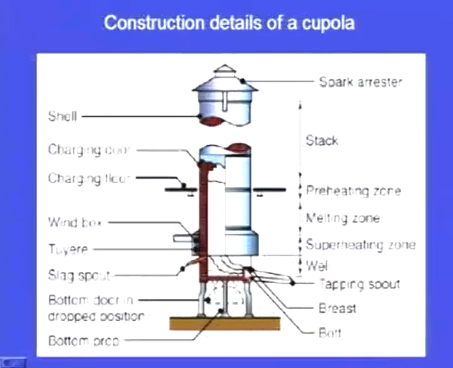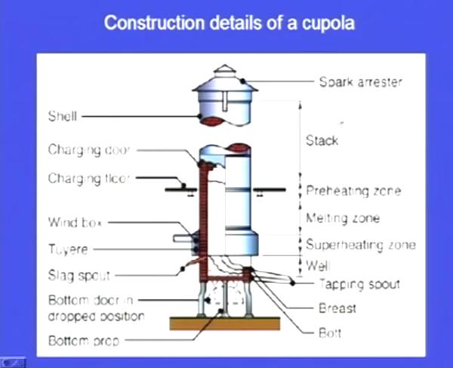So, here we can see, so this is the tapping hole and this is the slag hole. These are the tires through which we send air into the furnace. So, here we can see the charging door through which we put the metallic charge and the coke and the limestone inside the furnace, and this is the charging floor, and here we can see the spark arrestor.